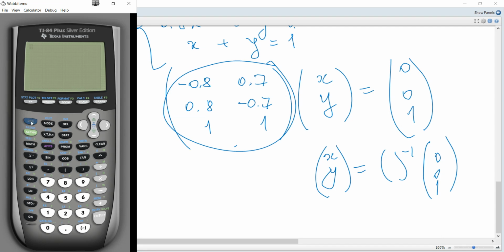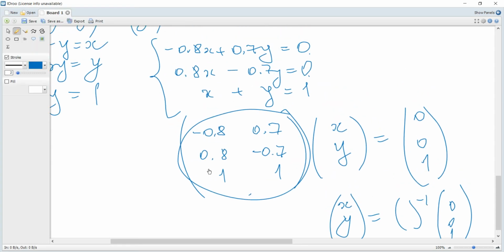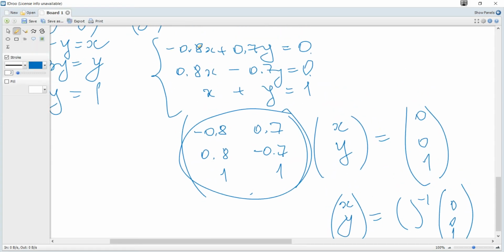We choose matrix, name A, oh no, we need edit A, and we need a 3 by 3 matrix, and the entries are, just enter these values.